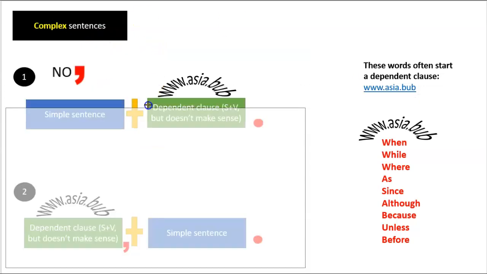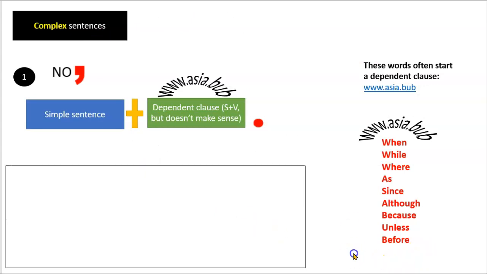So what we're going to do here, one way to do it, is you don't use a comma if you're going to put a dependent clause at the end of your sentence. Remember, there must be a subject and a verb. If you said, "I eat bananas," that is a perfectly beautiful sentence by itself, but I want to combine it with this other one, and I just used one of these words to help myself out.